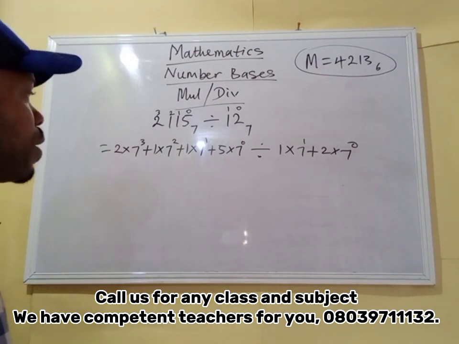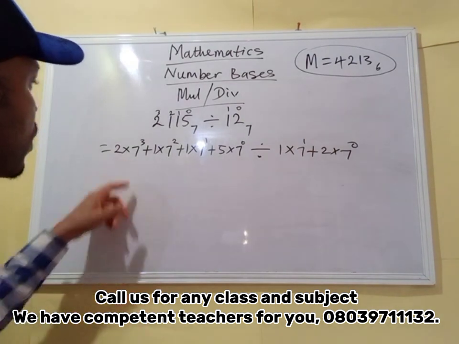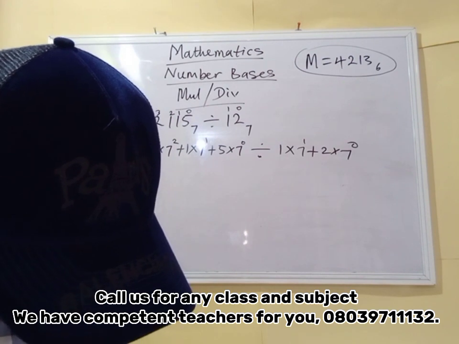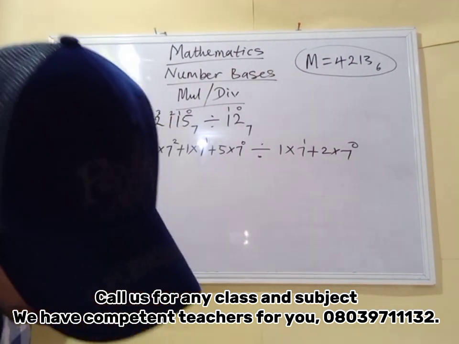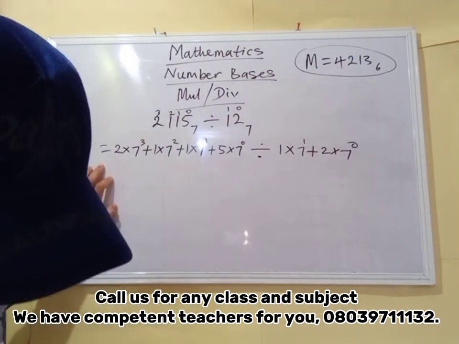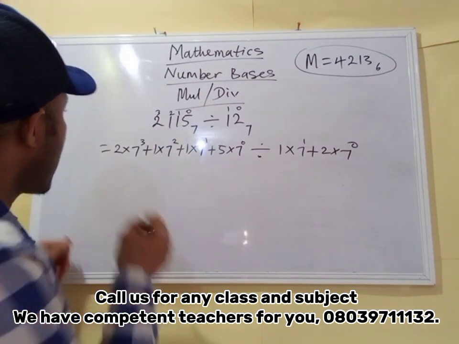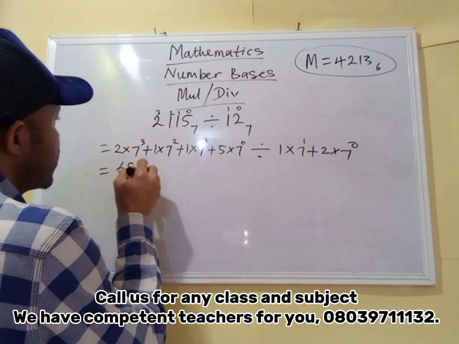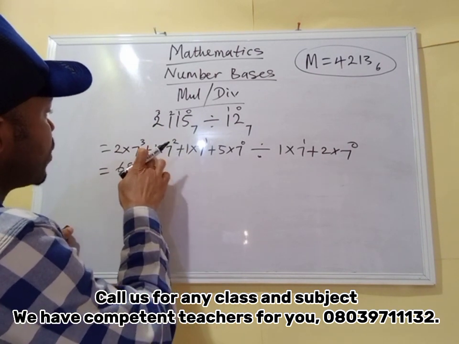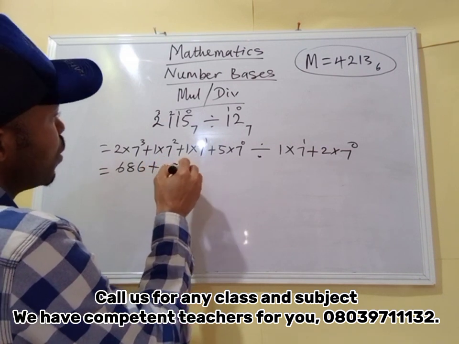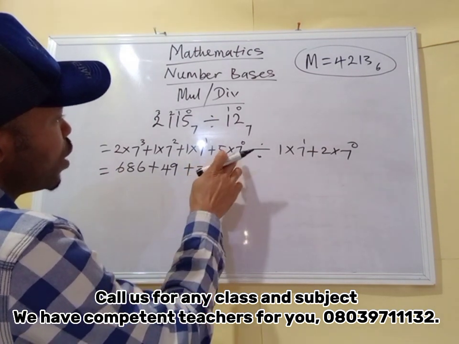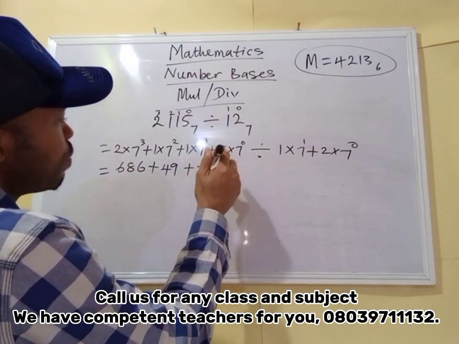Alright, so we have here 7 times 7 times 7, that's 7 to power 3. Then of course times 2 gives us 686. Without wasting time, let me just give you the figures. 686, plus 7 squared is 49, times 1 is still 49, plus 7 to power 1, 7, times 1 is still 7, plus 7 to power 0 is 1, times 5 still 5.